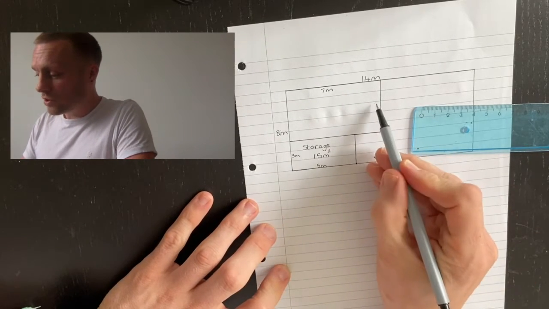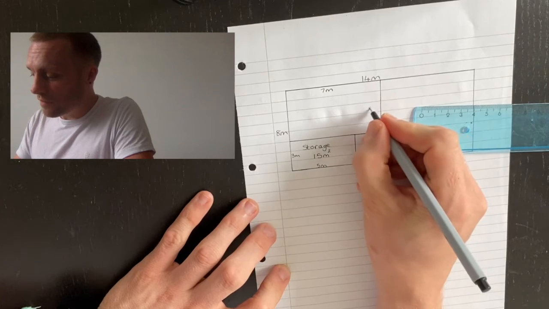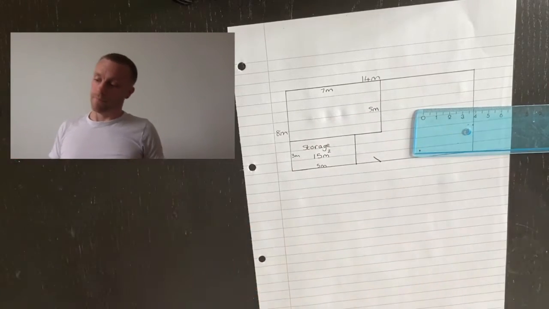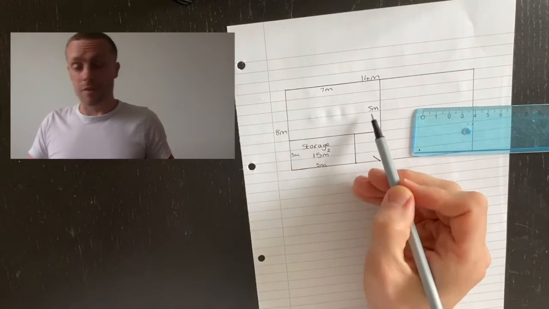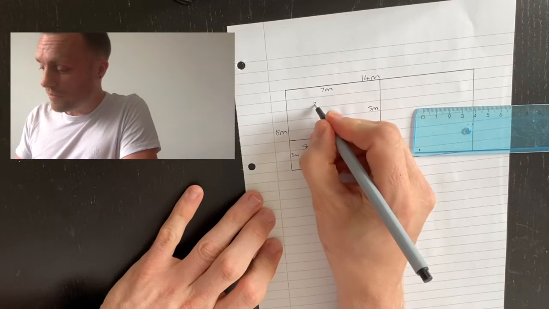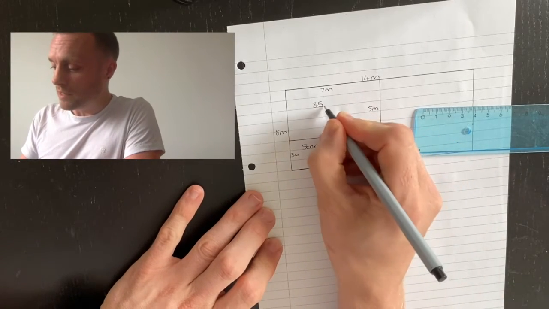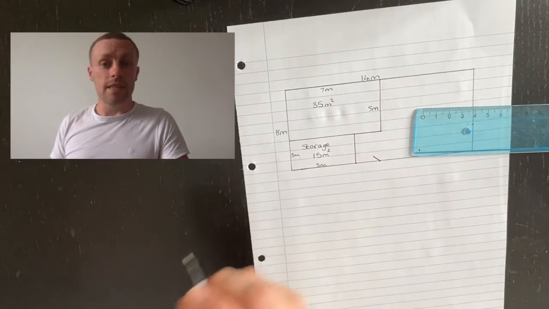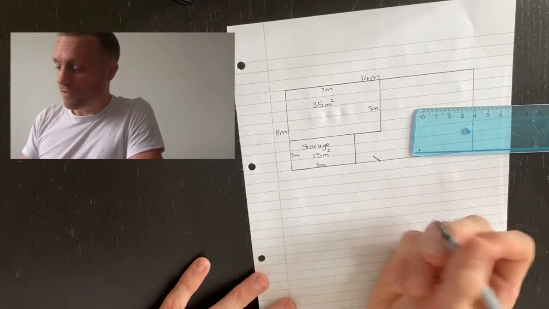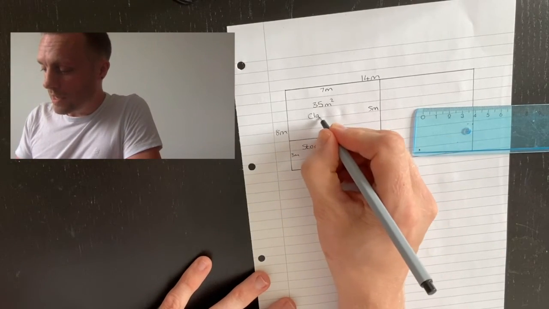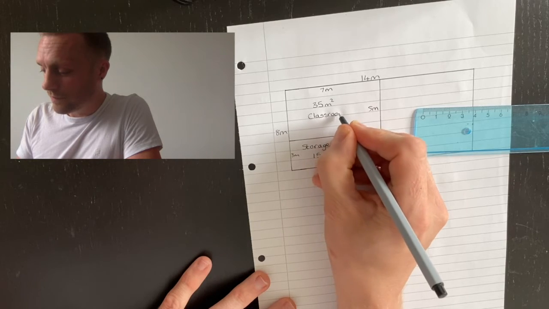And I've got 1, 2, 3, 4, it's 5 metres long there. So I've got 7 times 5 is 35, and I'm working metres times metres, gives me metres squared. So I can see the area of that room is 35 metres squared, and that is the classroom.